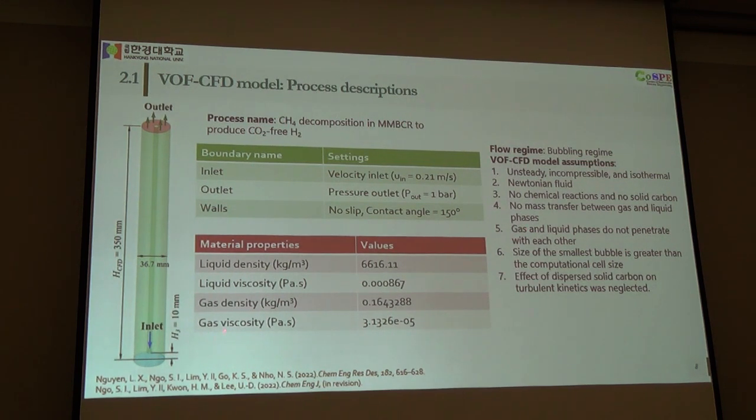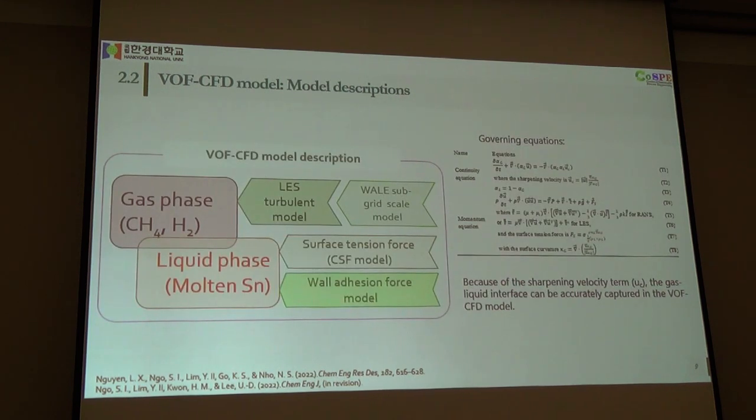There's no mass transfer between the gas and liquid. The gas and liquid do not penetrate each other, and the size of the smallest bubble is greater than the computational cell size. And also, we did not count the effect of solid carbon on the turbulent kinetics of the liquid phase. So this is a description of the bubble column CFD model.